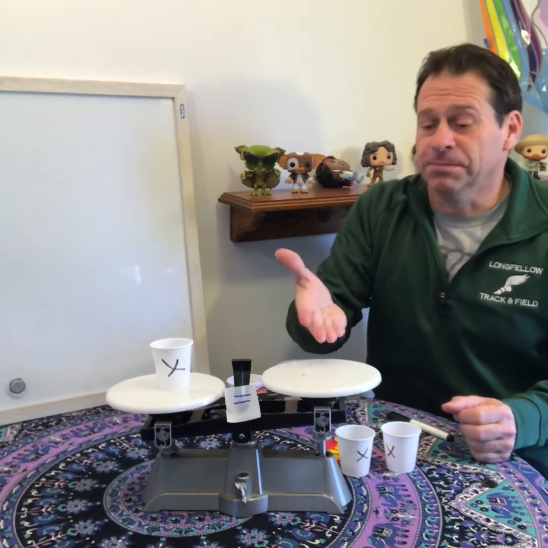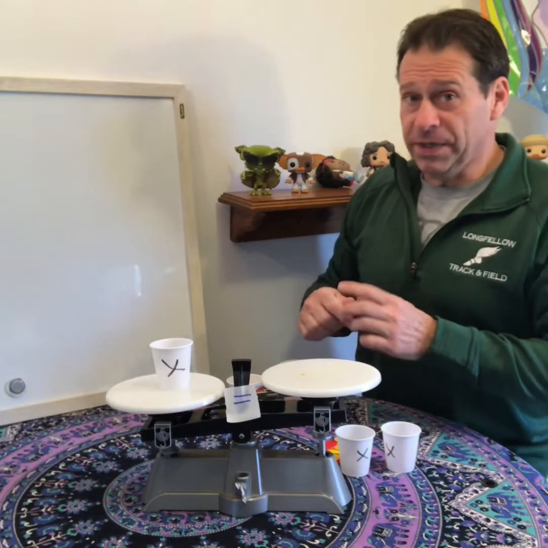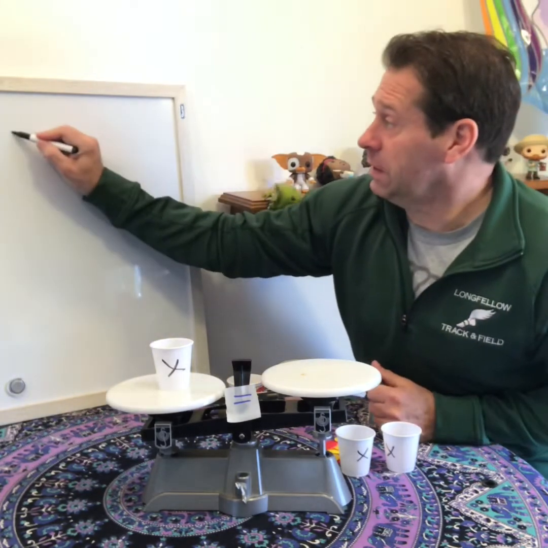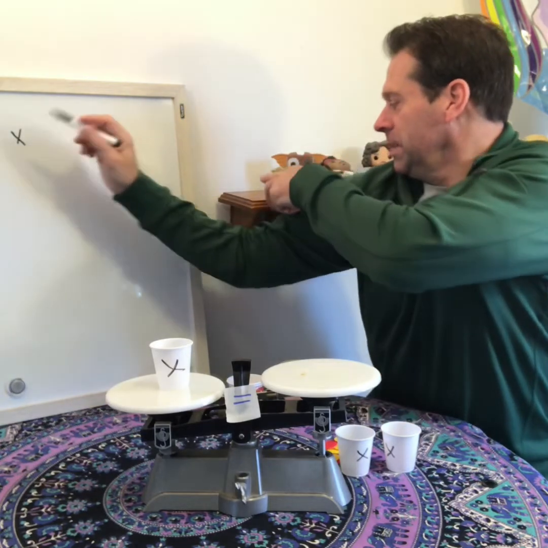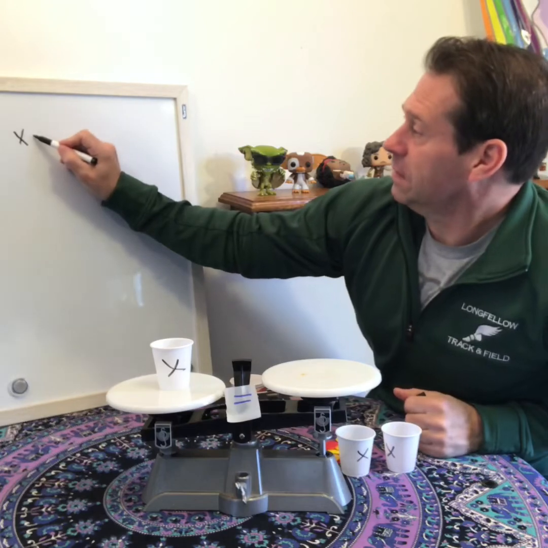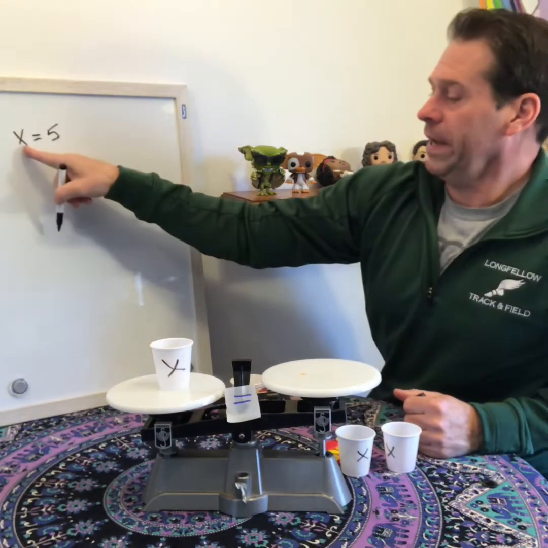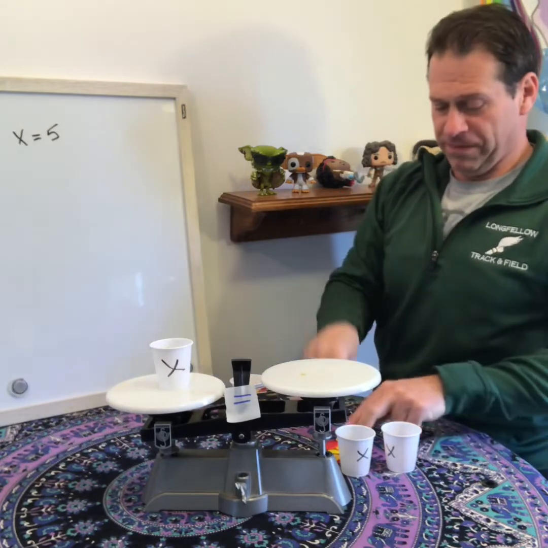I'm not in balance because it doesn't show what it is on the other part. So the equal sign really means what's on one side is the same. X equals 5. So if x equals 5, I'd have to put 5 on this side.